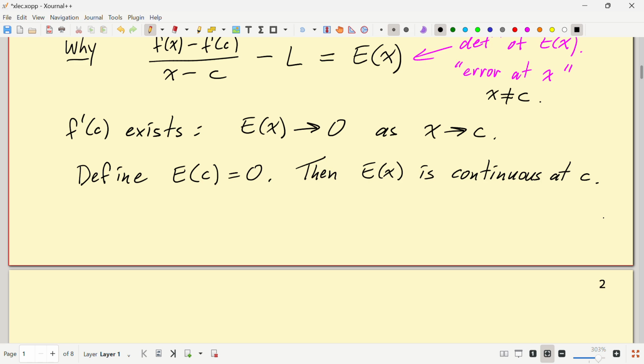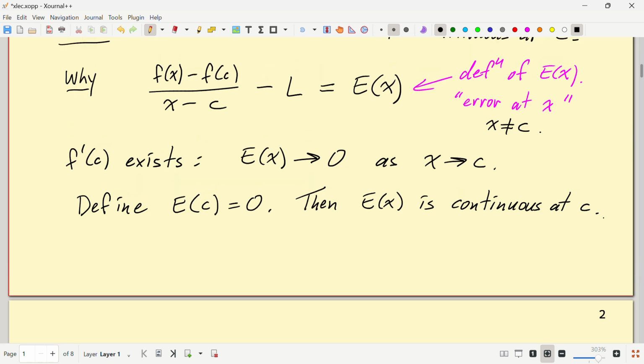Okay, and now take that formula up there and solve for f of x. I should call this something. Call this star. Solve star for f of x. It's a snap, and you get a famous looking thing here. This looks like a Taylor series.